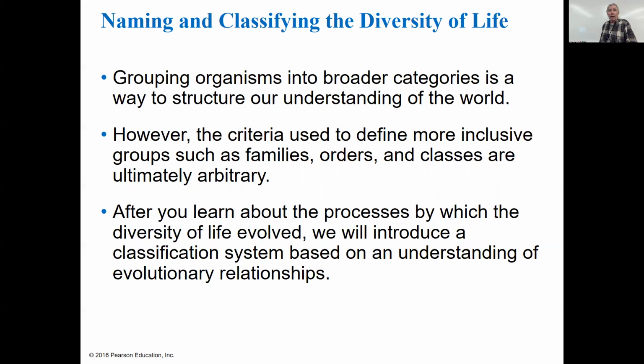The first classification trees had nothing to do with evolutionary relationships because the idea of evolution wasn't even put forth yet. Right. But now, we set up a classification system based on an understanding of evolutionary relationships, and a comparing of DNA.